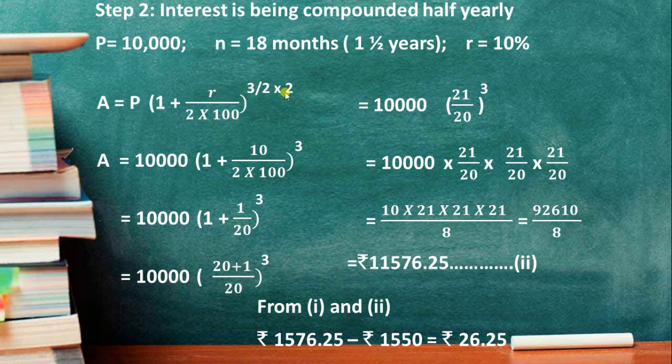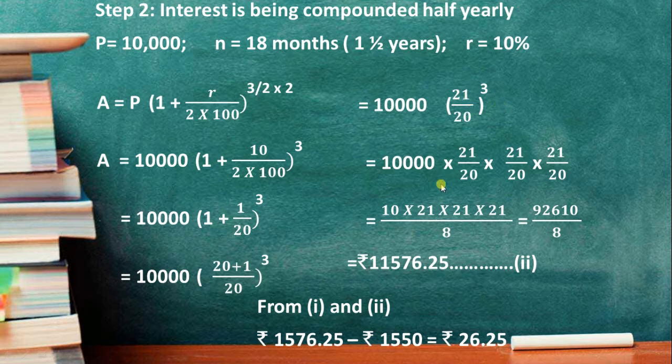So, here 2 gets cancelled and 3 remains the same. So, amount is equal to 10,000 into (1 plus 10 by 2 into 100). When the zeros get cancelled, it results as 1 plus 1 by 20. So 1 plus 1 by 20 can be simplified as 20 plus 1 by 20. Hence it is (21 by 20) whole cube.